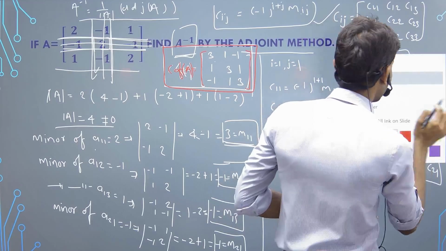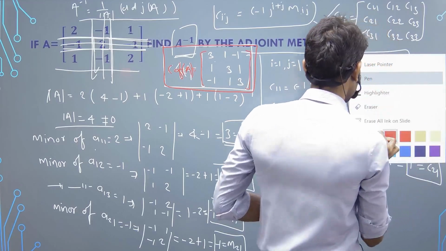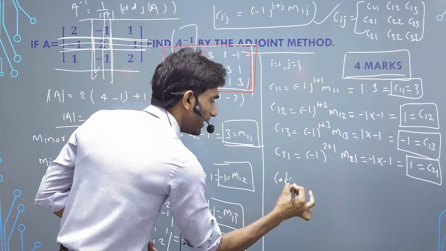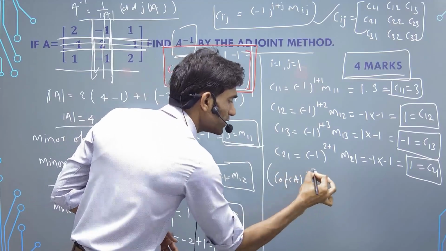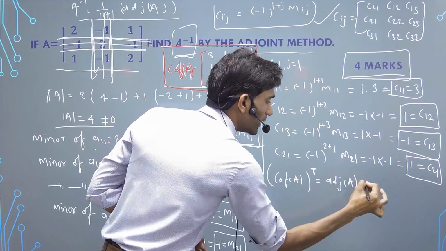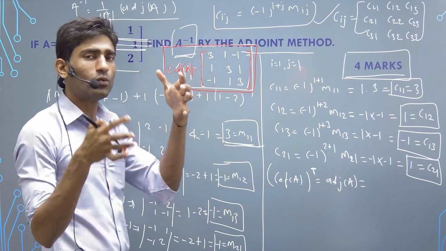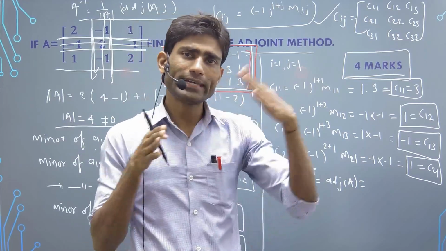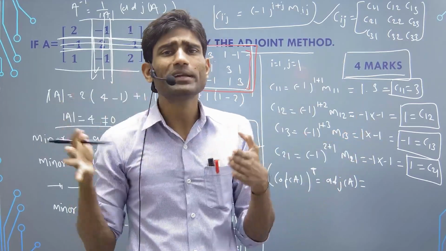Now this is the part of the final solution. We have the cofactor matrix. When we take the cofactor matrix transpose, we get the adjoint of the matrix. Now take the transpose. How do we take the transpose? When we have rows, we convert them into columns, and when we have columns, we convert them into rows.